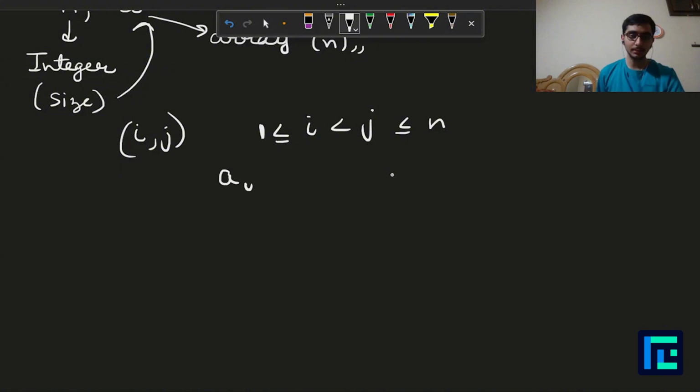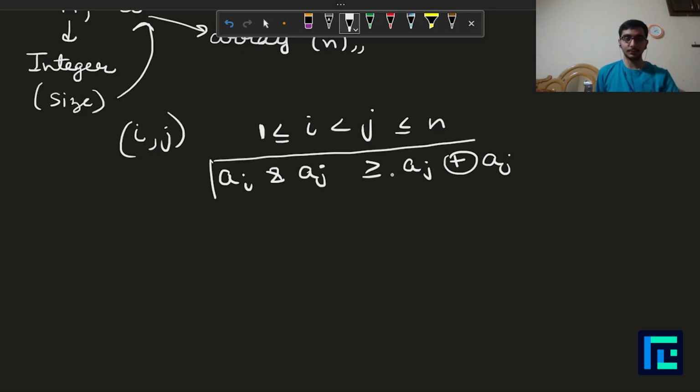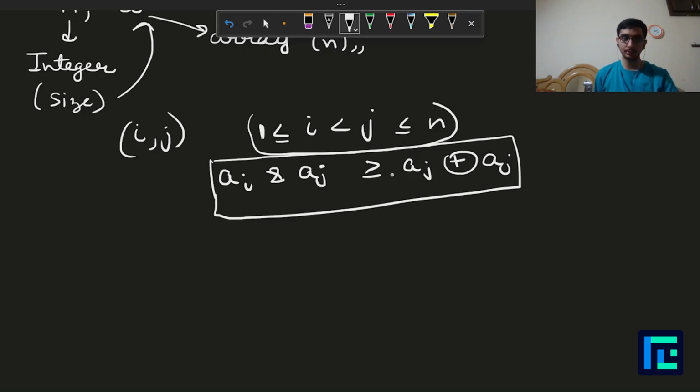Also, ai bitwise AND aj is greater than or equal to ai bitwise OR aj. So we have to count the number of pairs for which this property holds true given this condition, and output that single integer as our answer.